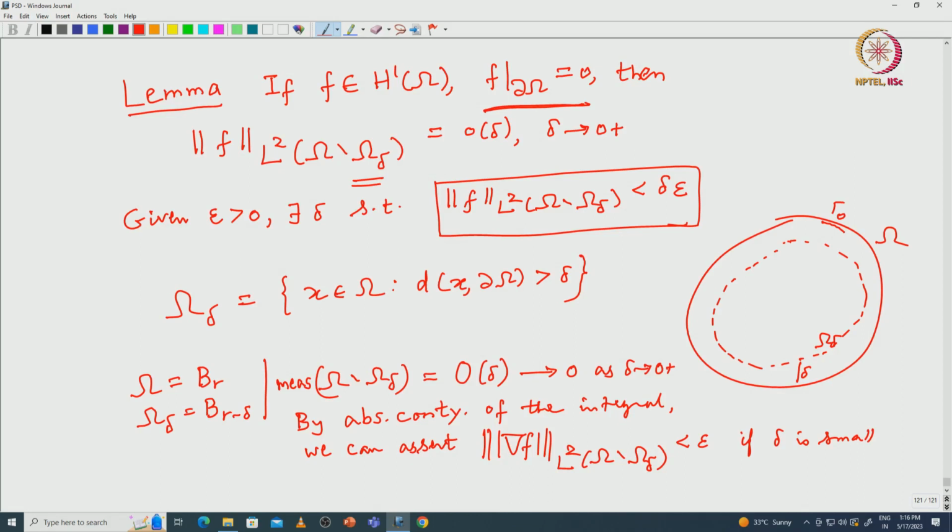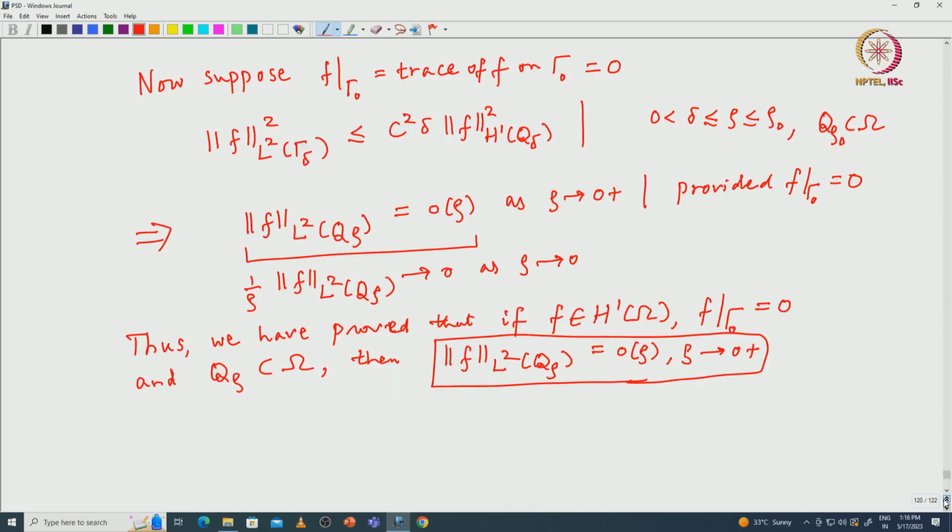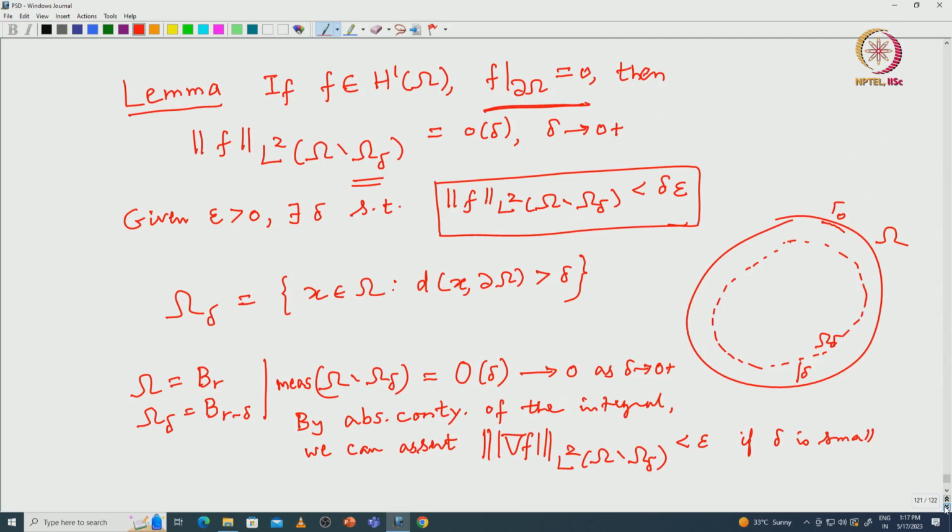We are taking a big portion out of Ω, only a small portion remains, and that Ω minus Ω_δ region very much looks like this Q_ρ. It is between two parallel surfaces: one is the boundary itself and the other is the boundary of Ω_δ.